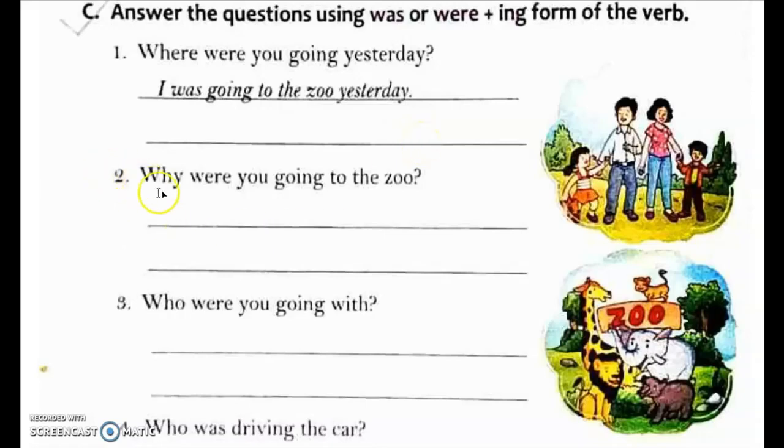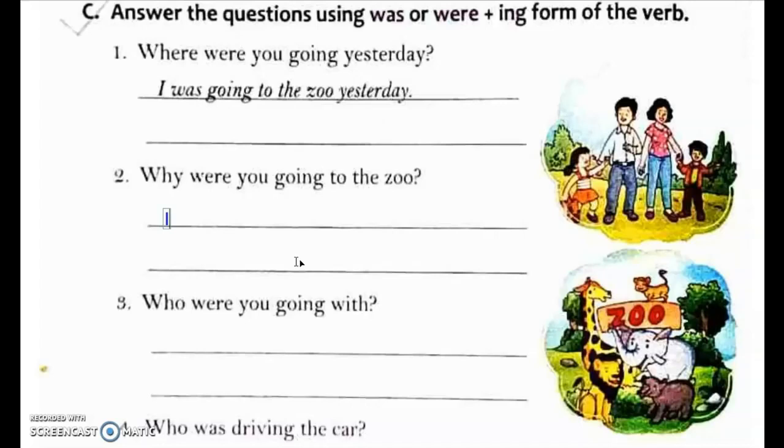Okay. Why were you going to the zoo? You can write any answer. Your answers can be different from one another. It does not matter. So whatever you feel like writing, you have to write on your own. Suppose if I ask you, why were you going to the zoo? What will be your answer?